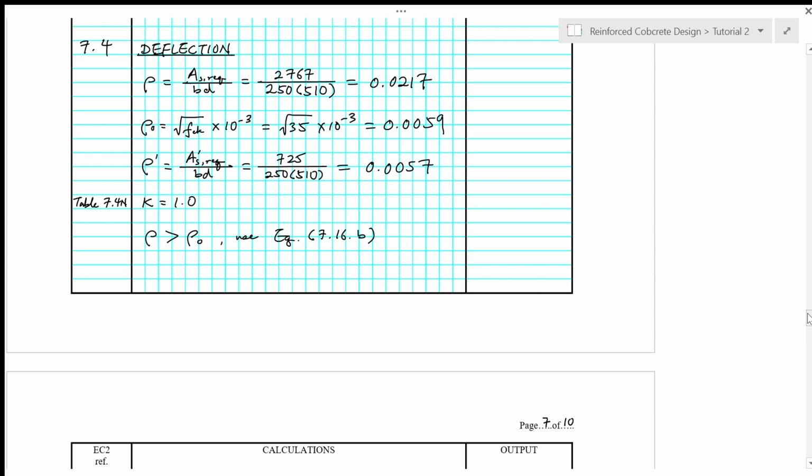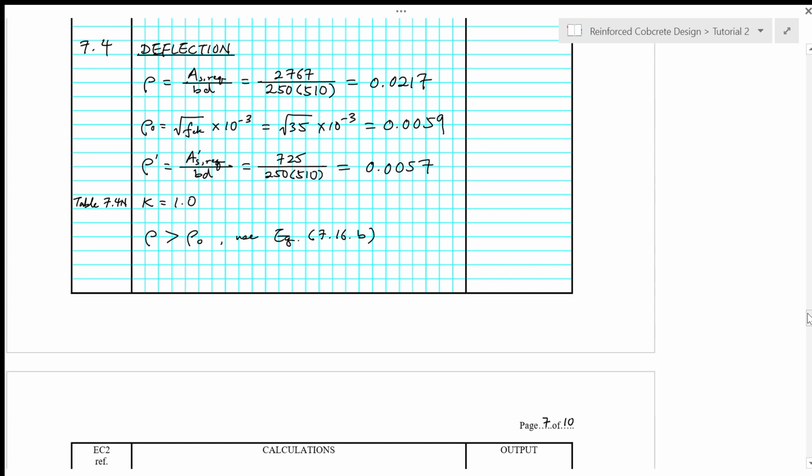So that is 0.0059. And then we also need the term rho prime, the compression steel ratio, which is 0.0057. And then from Table 7.4N, for a simply supported beam, the value of K is 1.